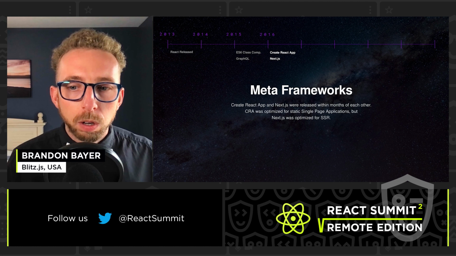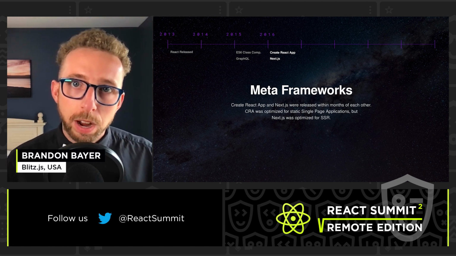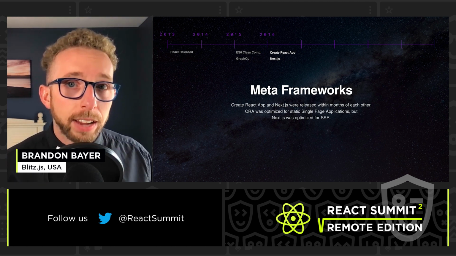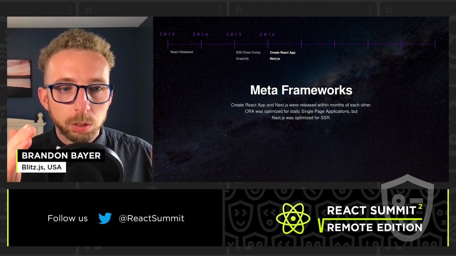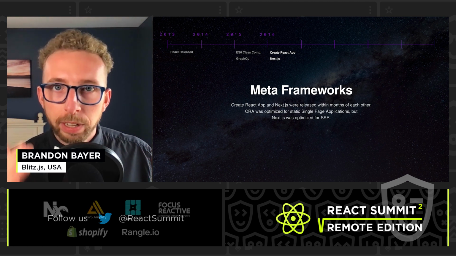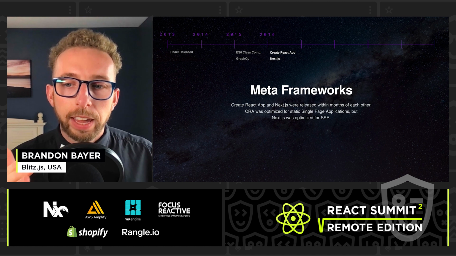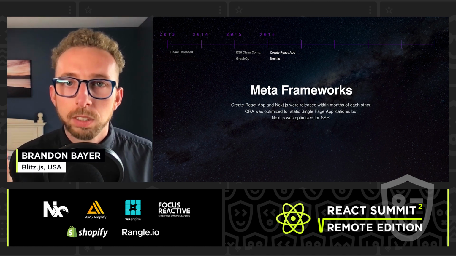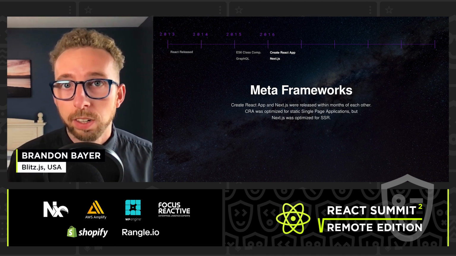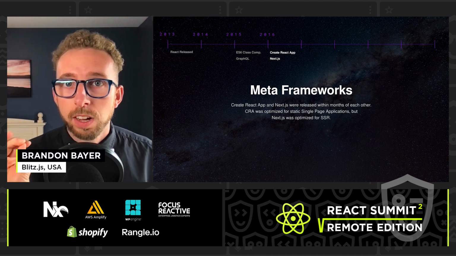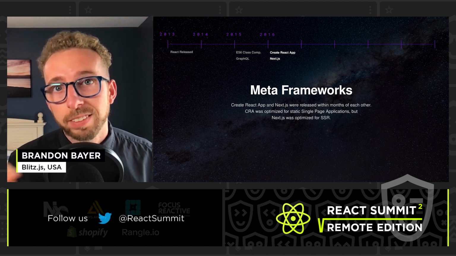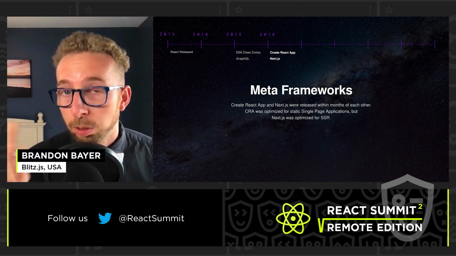But they were focused on two different things, right? Create React App was really focused on the static single page application, but Next.js was optimized for server-side rendering, and it didn't have any static optimization or any static pages, as long as my memory is correct.